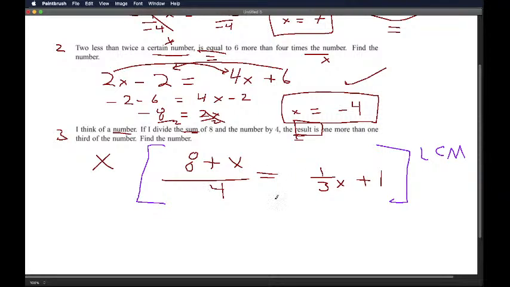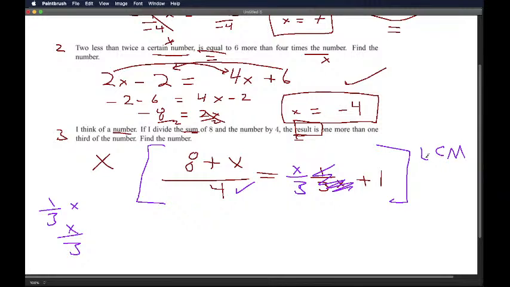So now what I would do is you have this ugly fraction here, and let's rewrite this as x/3 instead of 1/3 x. Then it's easier to understand. So remember, you guys, when you multiply something by 1/3, it's like taking that thing and dividing it by 3. Same thing. So rewrite it like this.